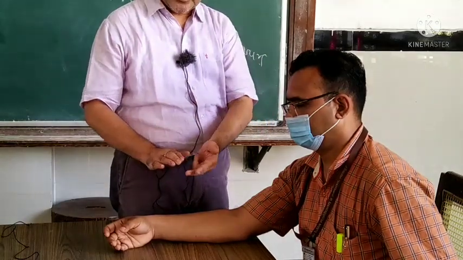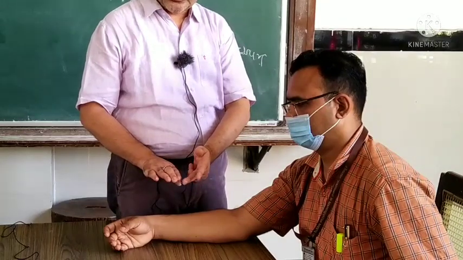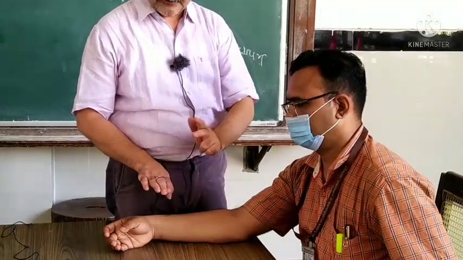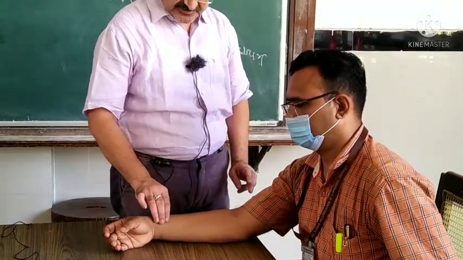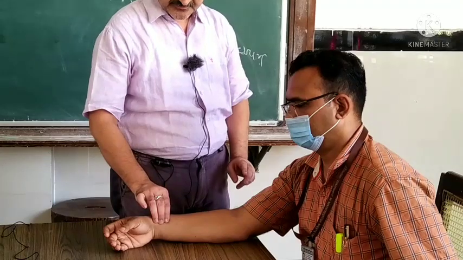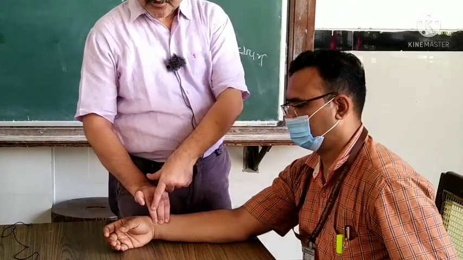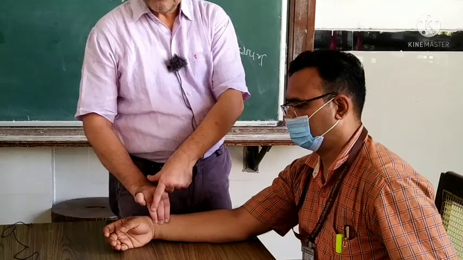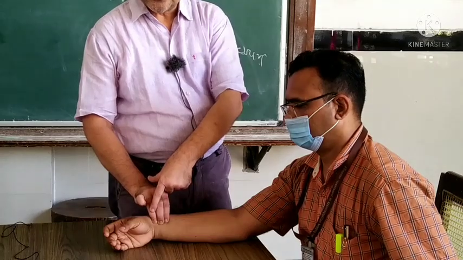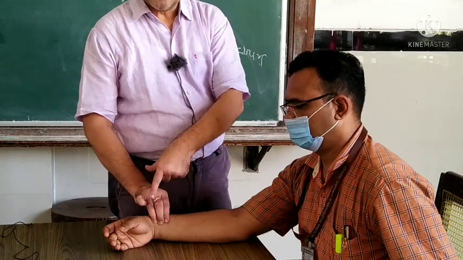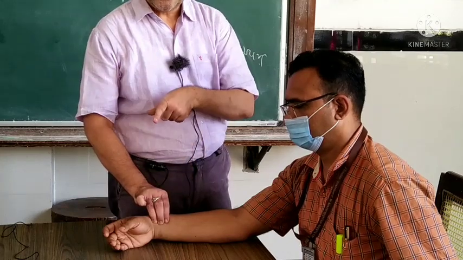The tips of the three fingers are used: the index, middle and ring finger, and they are kept over the radial artery. Now the ring finger will obliterate the radial artery. Why is the ring finger obliterating the radial artery?